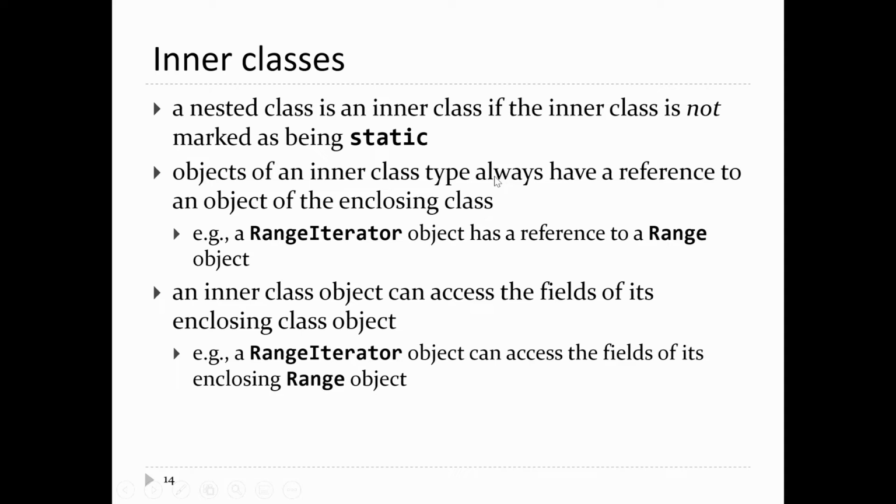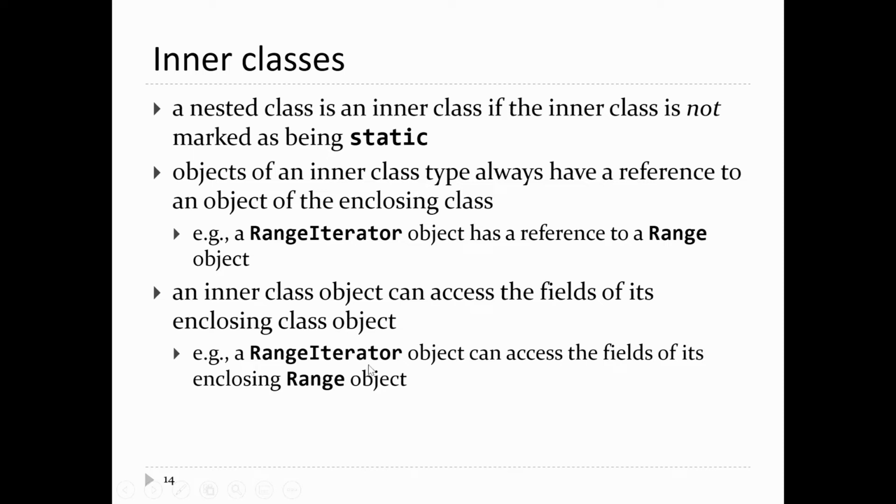Objects of an inner class type always have a reference to an object of the enclosing class. So what does that mean? If you have a RangeIterator object, inside that RangeIterator object is a reference to its range. So there's a reference to the range that it's looping over. An inner class object is allowed to access the fields of its enclosing class. So what does that mean?